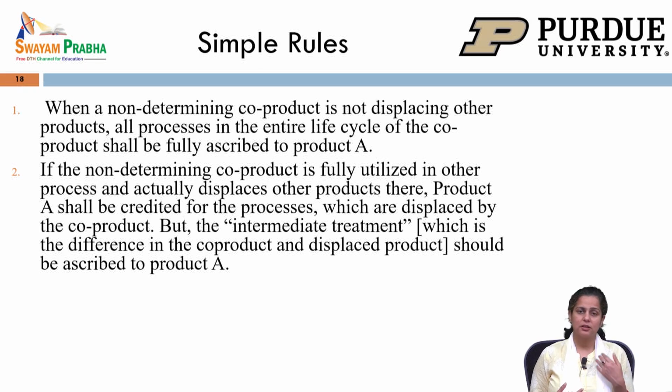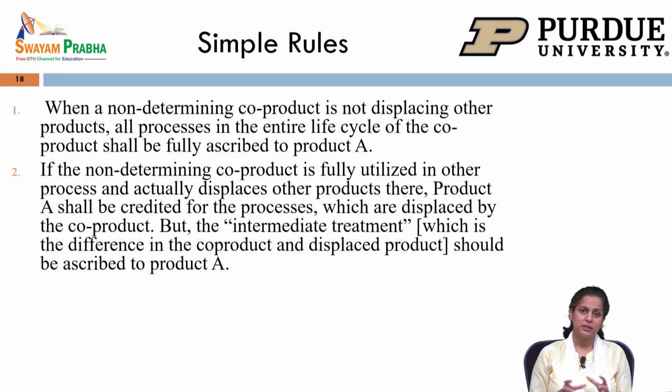In this case, product A is actually going to get credit for displacing the paper production that was going to be used for paper bag manufacturing, because now the waste cardboard is serving as the raw material here. So, product A is going to get the credit for the displaced paper manufacturing that was going to be used for the paper bag.